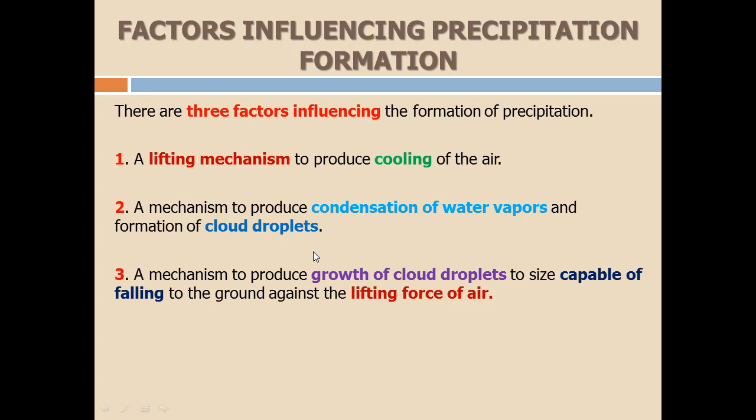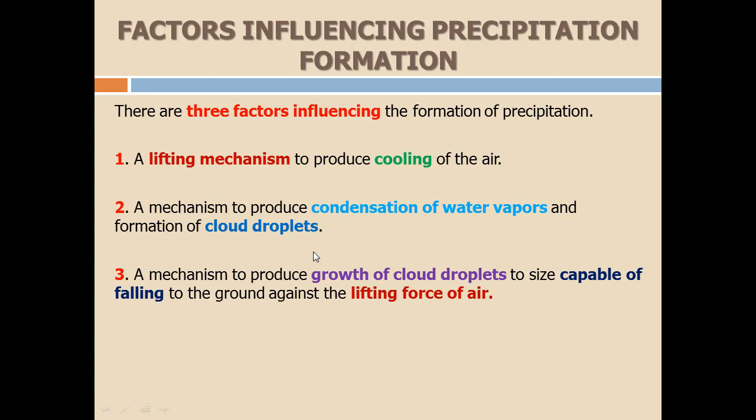After condensation, precipitation still does not start. What is the next step? These particles are of very small sizes, and the lifting pressure of the air is more than the weight pressure of these particles. So the weight of these particles is lower than the lifting pressure.